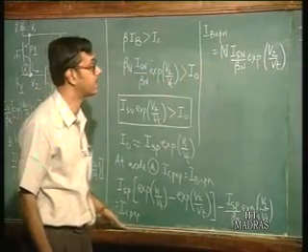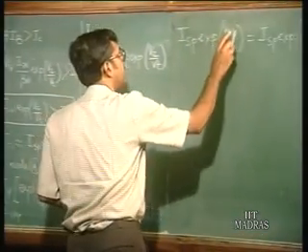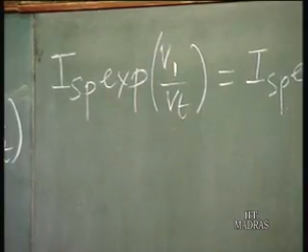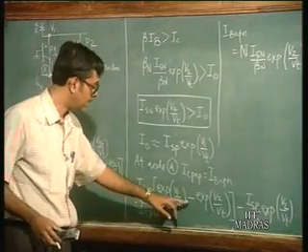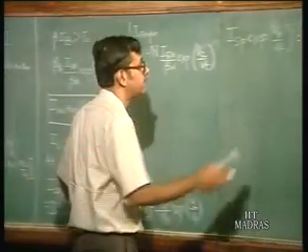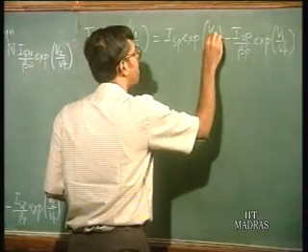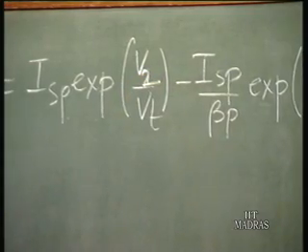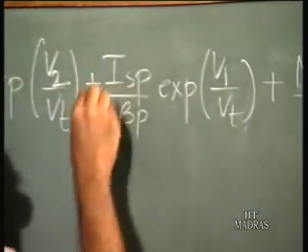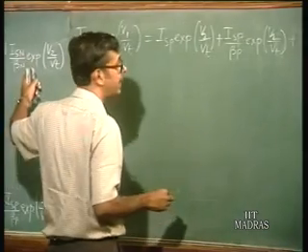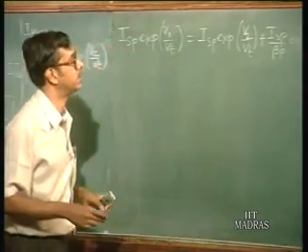So, now I think I just rewrite this. This becomes ISP exponential V1 by Vt equals ISP exponential V2 by Vt plus ISP by beta p exponential V2 by Vt plus NISN exponential V2 by Vt.